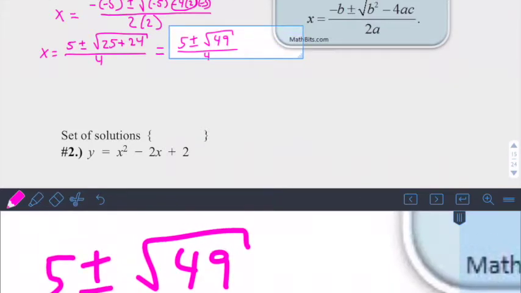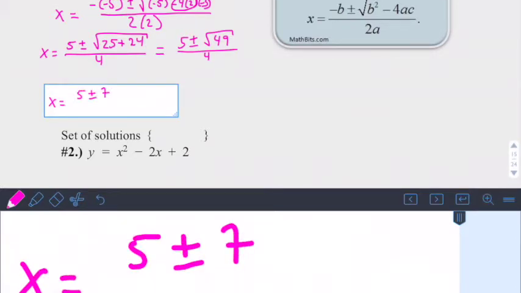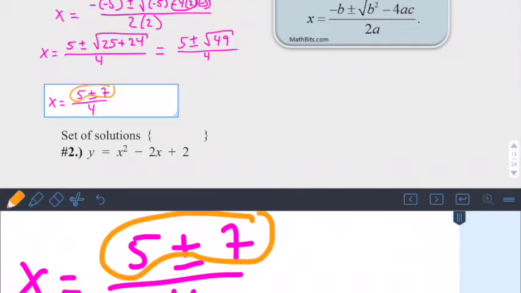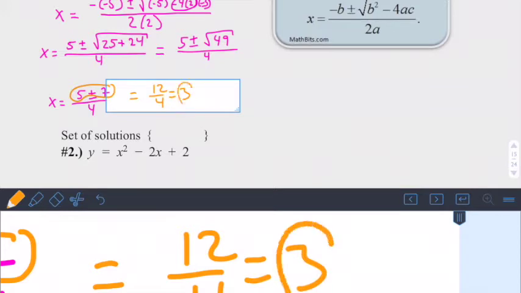Well, the square root of 49 is a perfect square. We know that that's 7. So we have 5 plus or minus 7 over 4. So this means 5 plus 7 is 12. So this is 12 over 4, which equals 3. That's one solution.